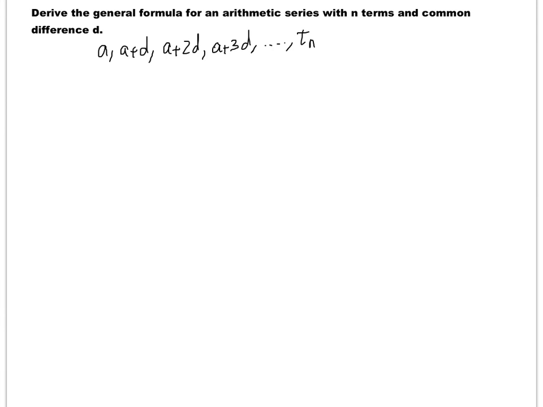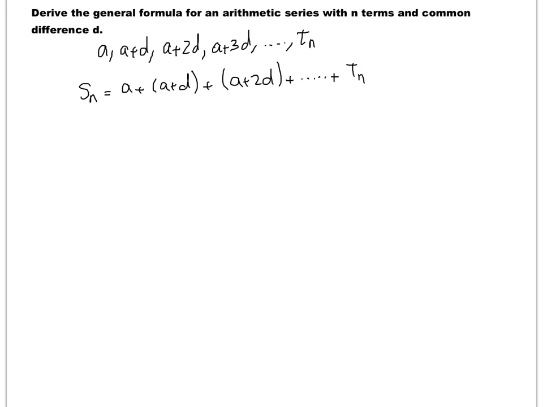So what I have to do is find the sum of these n terms. Let's denote that sum to be Sn, which is a plus a plus d, this is the second term, plus the third term a plus 2d, plus, and the last term, which is t sub n.